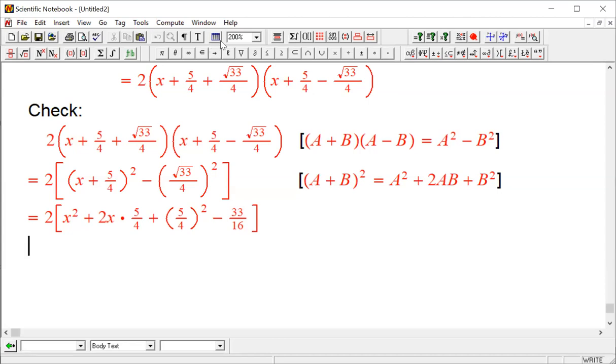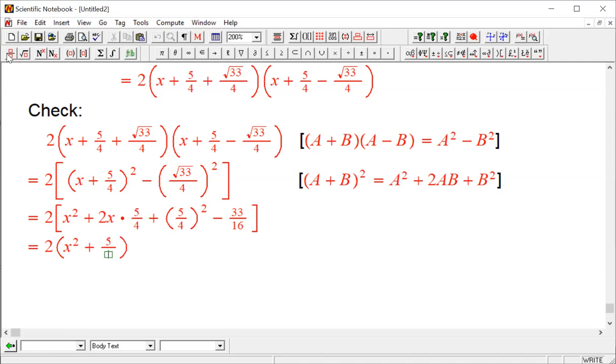All right, so continue this process. We have 2 times, and if you like, you can put in the parentheses, x squared plus 2 times 5/4. 4 and 2 reduce, so we have 5/2 of x.